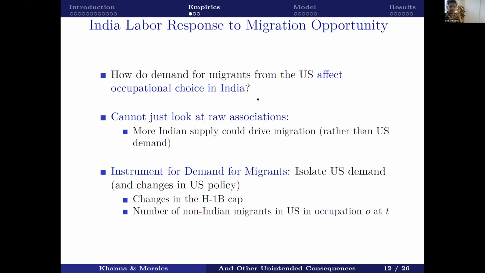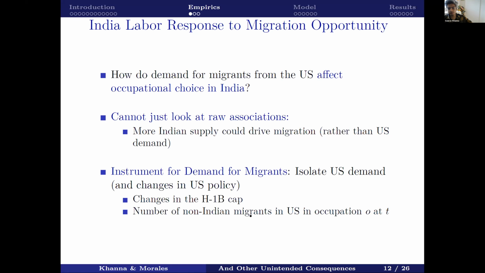So what you really need is some good variation in the demand from the US. And there are a few different sources that we use in the paper. For instance, we look at changes in the H-1B cap over time and how the H-1B program has this bias towards trying to hire computer scientists. That affects demand from the US.